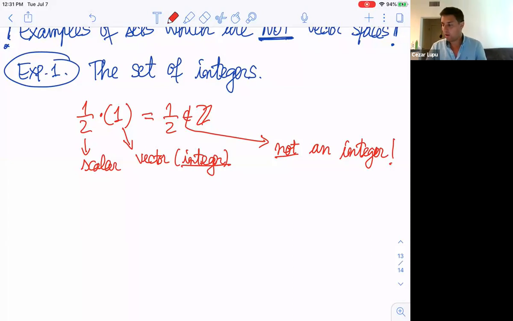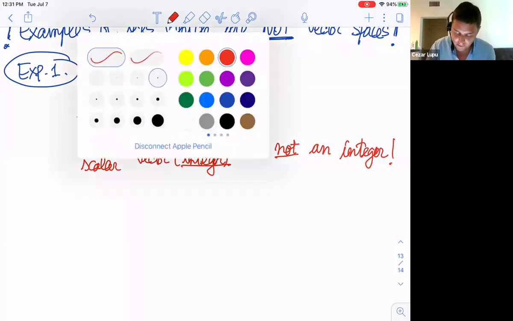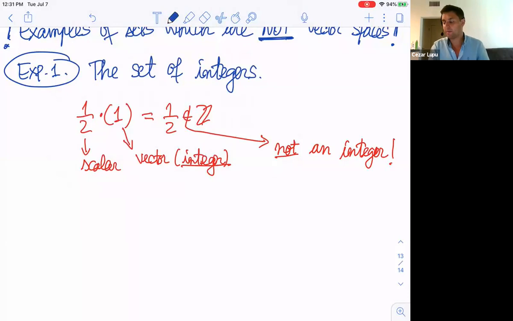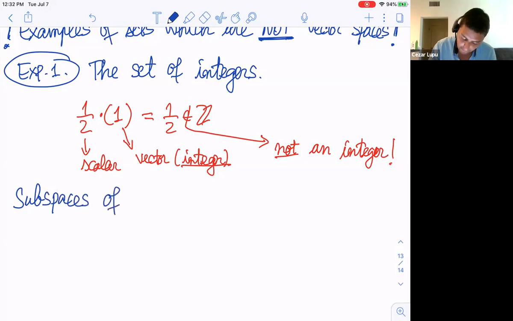All right, so now let's veer towards subspaces of a vector space, because we want to see what this means.